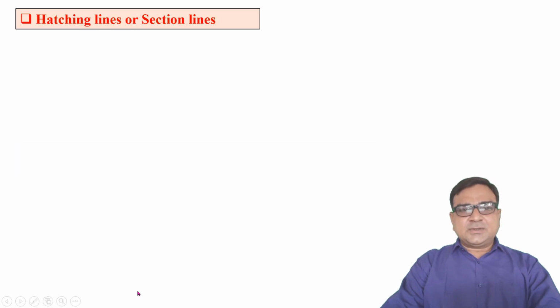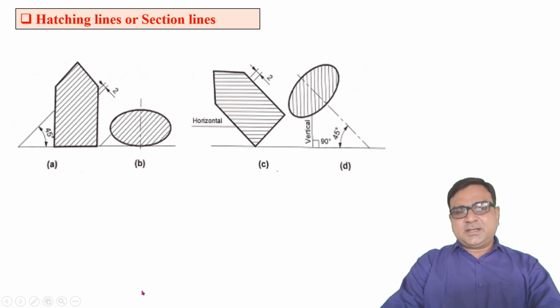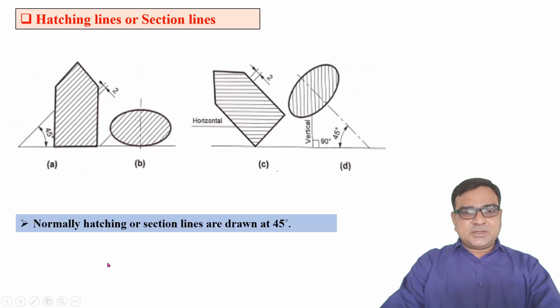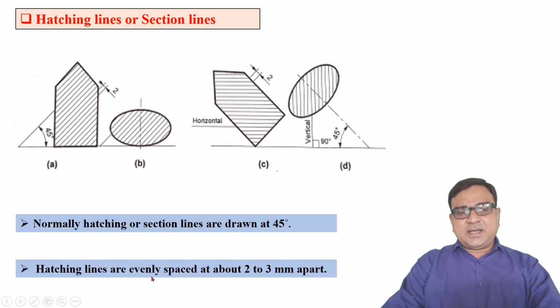Now hatching lines or section lines. Whenever you cut the object and observe it drawn in 2D, the surface which is under cutting is represented by hatching lines. Normally hatching lines or section lines are drawn at 45 degrees with the reference horizontal line, and they are evenly spaced about 2 to 3 mm apart.